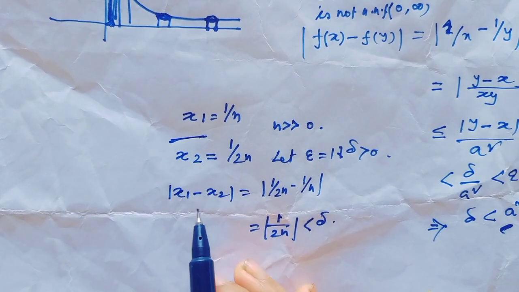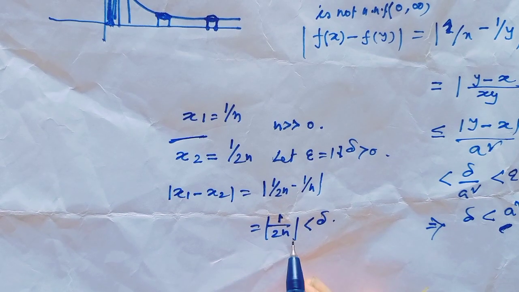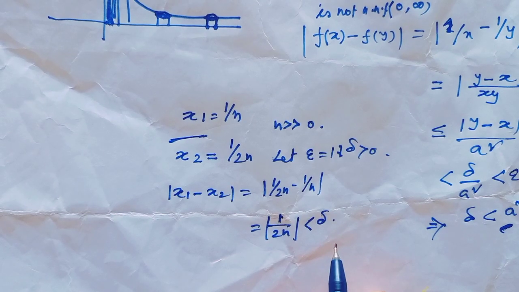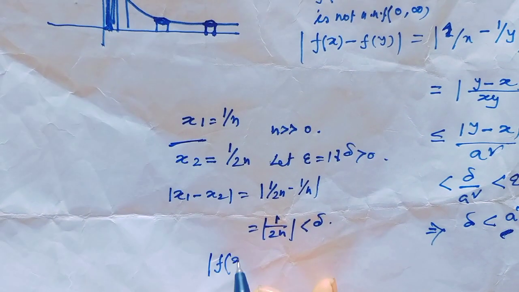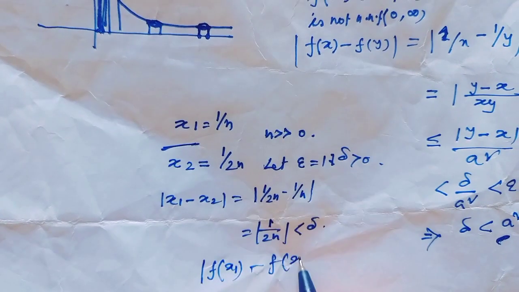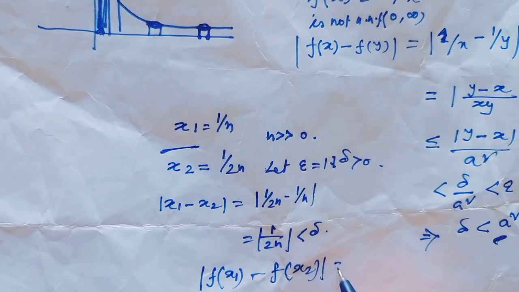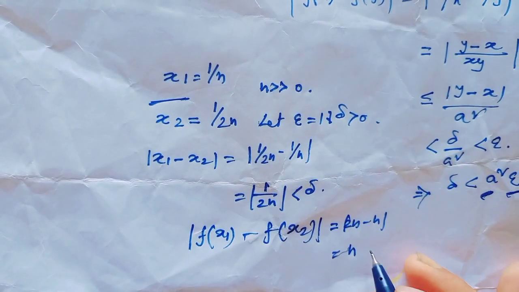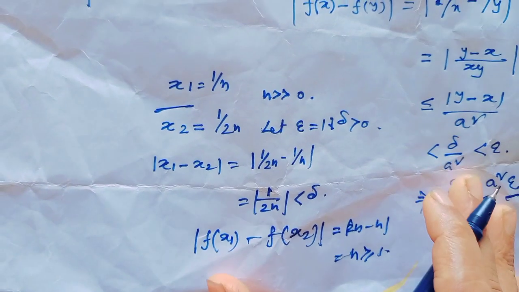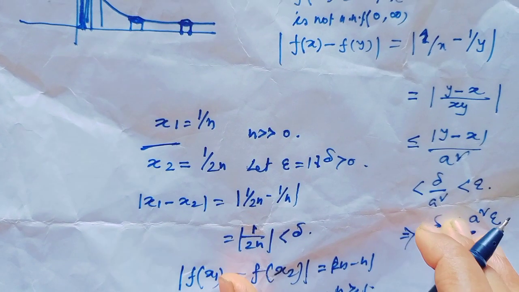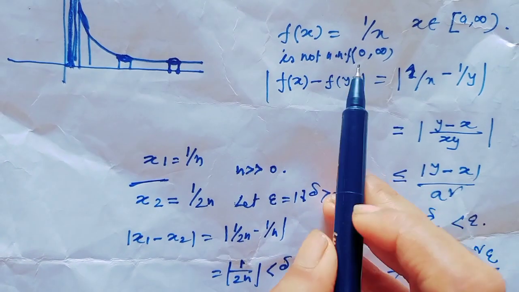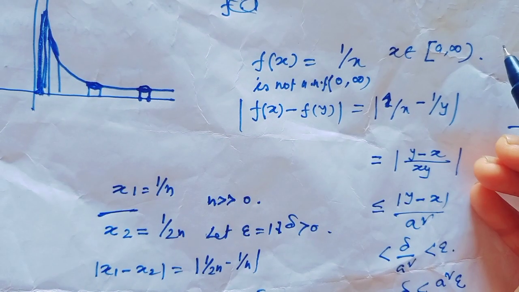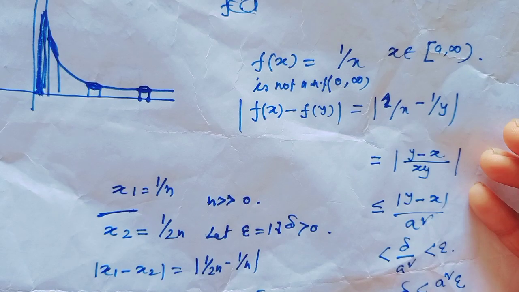Then absolute value of x1 minus x2 would be 1 over 2n, and by Archimedean property we can tell 1 over 2n is always less than delta, but absolute value of f(x1) minus f(x2), this value would be 2n minus n, this value would be n, which is greater than or equal to 1. So this function is not uniformly continuous on the open interval (0, infinity), but this function is uniformly continuous on the interval [a, infinity).